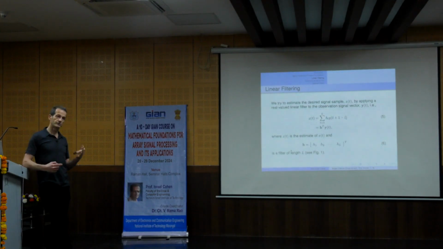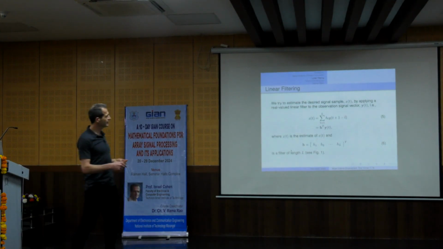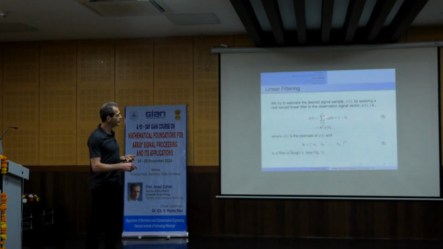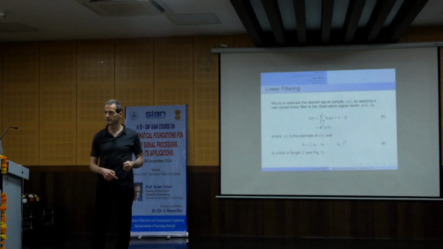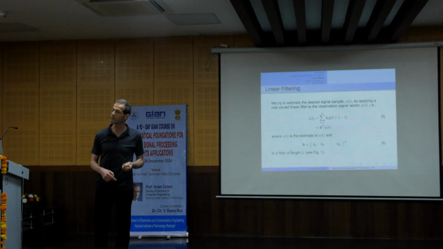Okay, so we have different names, and if the function is linear, we call it linear filtering, linear prediction, and so on. If the function is any nonlinear function of the measurement, we call it nonlinear filtering, estimation, prediction.